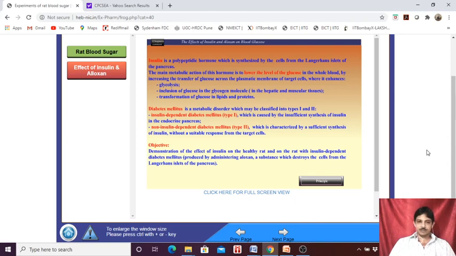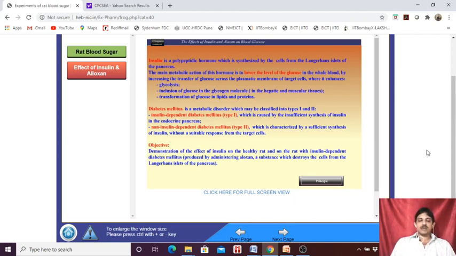And the other special types. Now, the objective of this experiment is demonstration of the effect of insulin on healthy rats and on rats with insulin dependent diabetes mellitus produced by administering alloxan, a substance which destroys the beta cells of the islets of Langerhans of the pancreas.